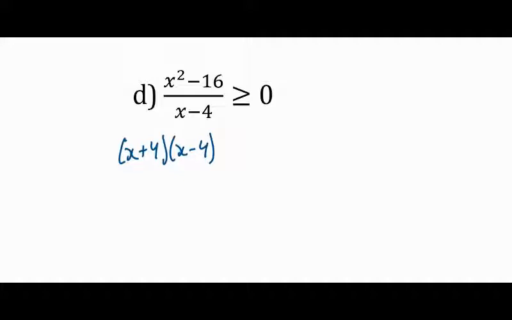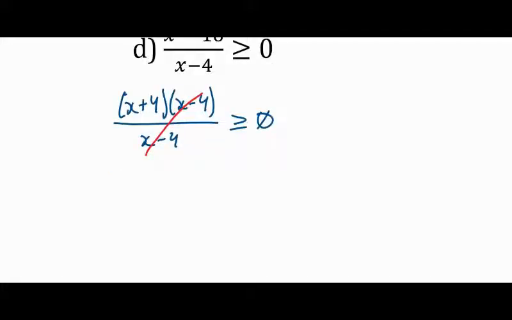So we have a hole. I have an x-intercept of -4 and a hole at +4.